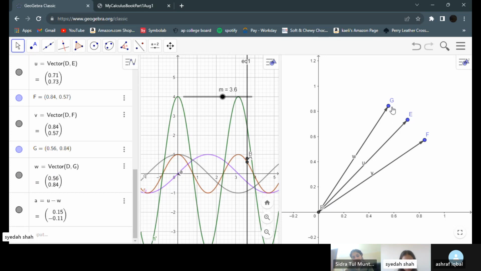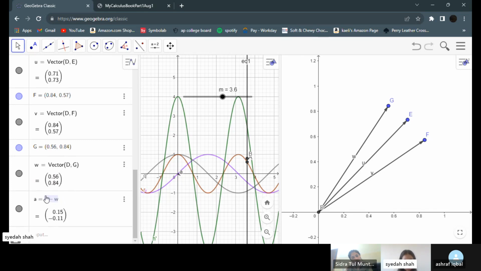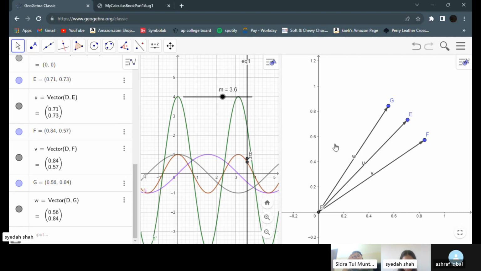What was our time? 0.2. So you are going to divide this u minus w by 0.2. First make the bracket. Now divide it by 0.2. Sorry, it is 1/8 second. Okay, it's fine, no problem.